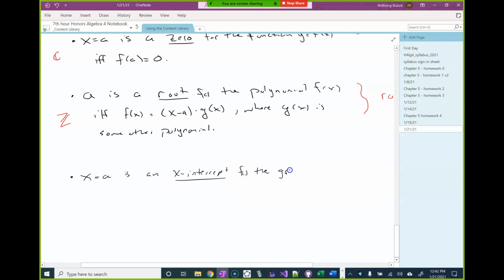So our last one says that x equals a is an x-intercept for the graph of y equals f of x.